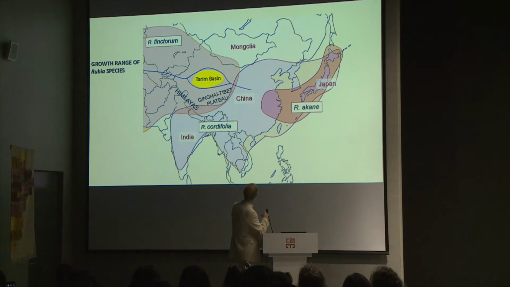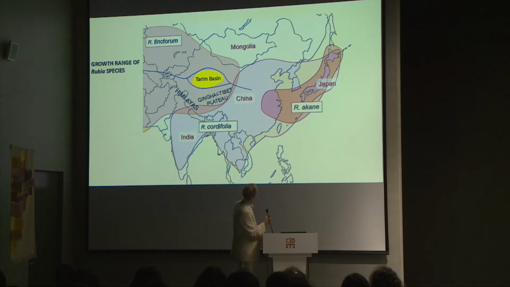And we've concluded, at least from our studies, that of these 3 species, Rubia tinctorum is universally found in the western part of Eurasia. Rubia cordifolia is famous for being called munjeet, is from India, and I don't know exactly how wide this range is.